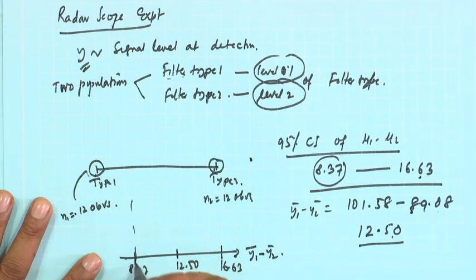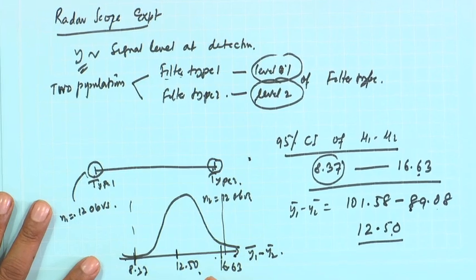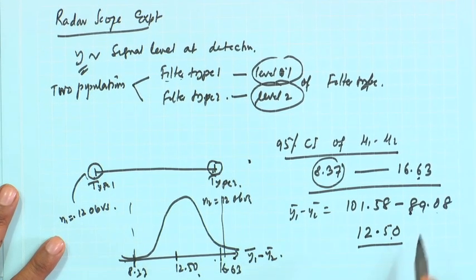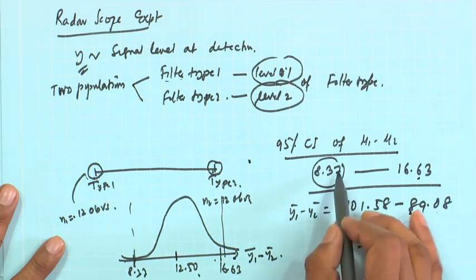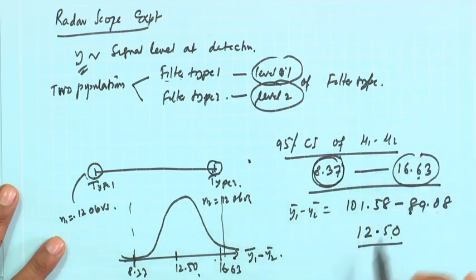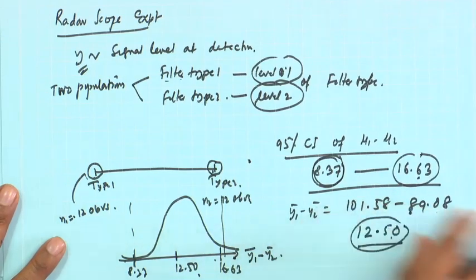So, 95% of the data will fall under this. This is my distribution and 95% of the data points will be within this range. When you take a decision, you should also consider that it can be as low as this, as high as this, but the average value is this. This is the decision.